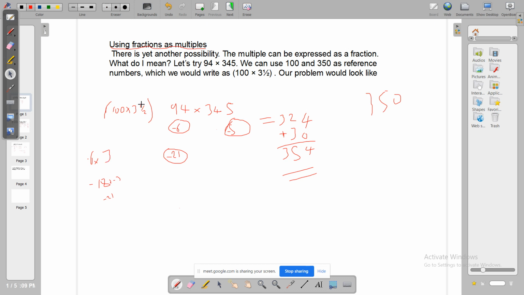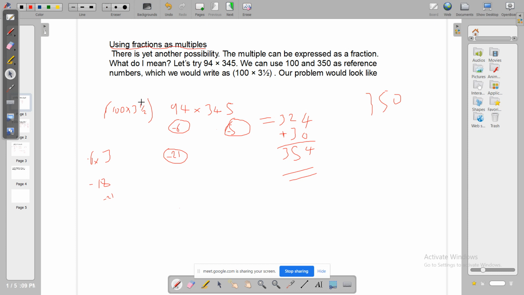I was explaining to you how I got this 21. The explanation is you multiply 6 times 3, which is 18. Then you have to multiply 6 by half.